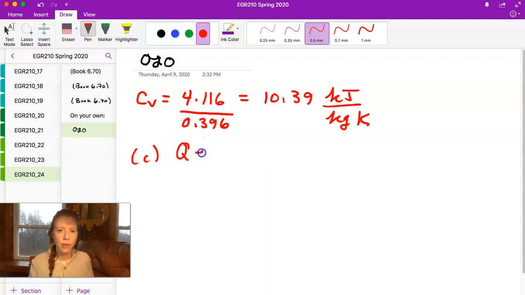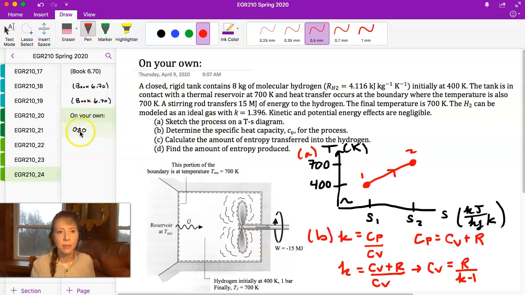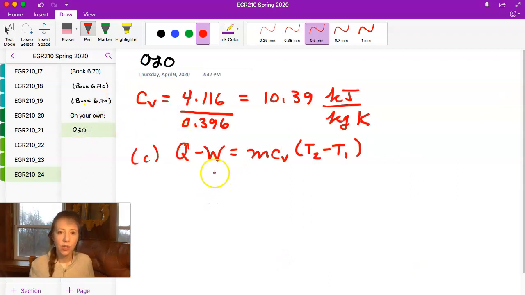So Q minus W can be found using m Cv delta T. And we're given the work, minus 15 megajoules. So Q is going to be m Cv (T2 minus T1) plus W.